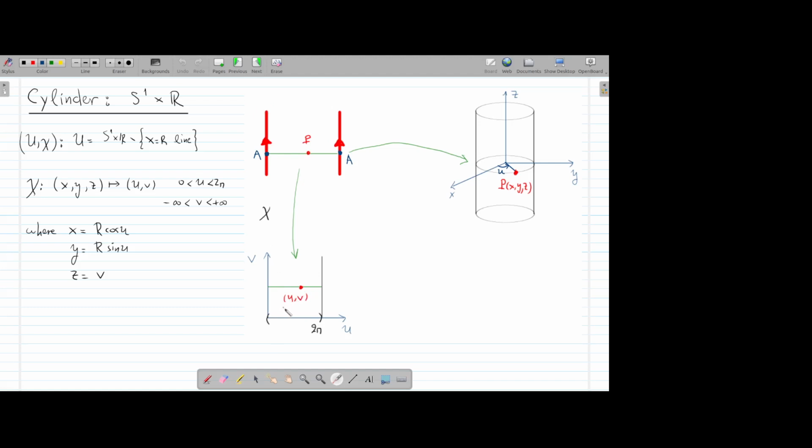And we map UV to a point P on the circle via this relation here. So this map is the obvious map that results from cylindrical coordinates in R3. And you see that with this choice, U corresponds to the angle that the position vector of P forms with the x-axis, and V corresponds to the z coordinate of the point.